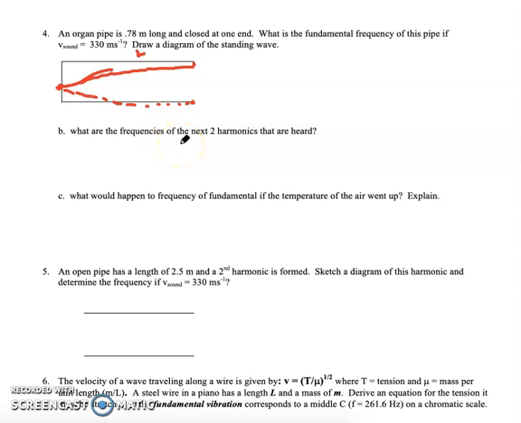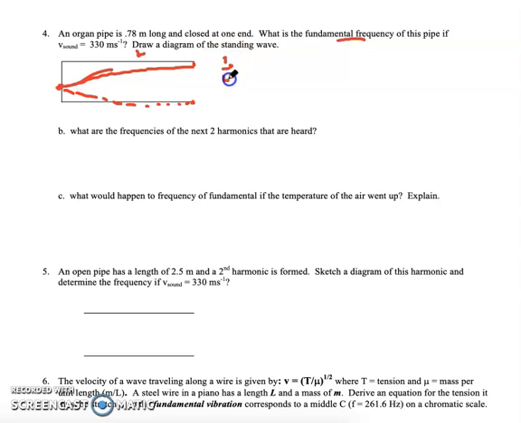All it asks is to draw that. Oh, I'm sorry, it does ask for a fundamental frequency, my bad. So in order to find a fundamental frequency, we want to find a wavelength, relate that to the speed, and then go from there. We can see from this that since we're going from antinode to node, that's always a quarter of a wavelength.